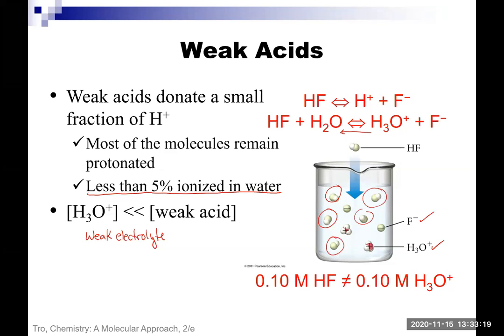So in fact, we have less than 5% of these ions in solution and greater than 95% of the original acid that we started with in solution. So if we started with a 0.10 molar hydrofluoric acid solution, we would not have 0.10 molar hydronium ion in that solution. It would be substantially less than that.